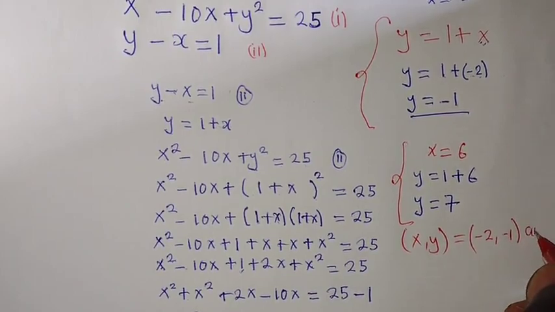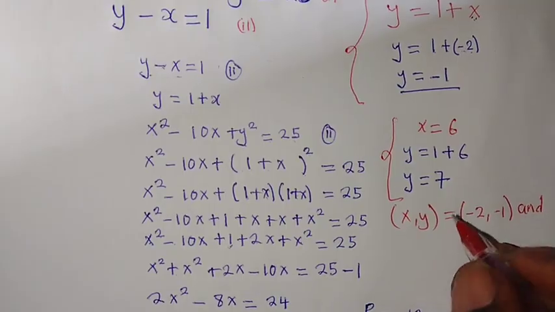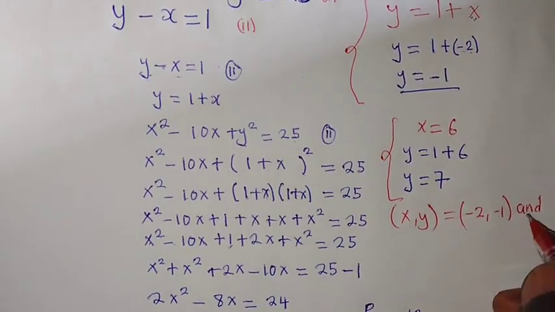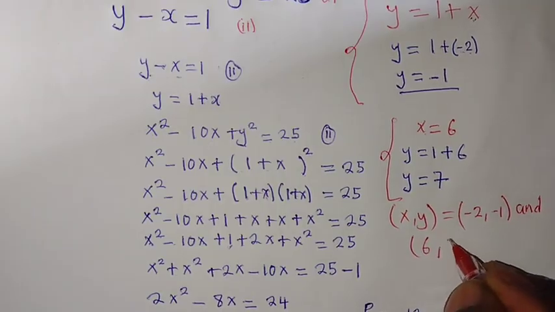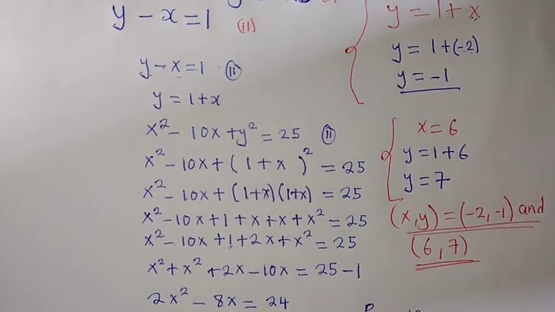Then for the second one, for x equal to 6, it gave us y is equal to 7. So we say and 6 comma 7. So these were the required values of x and y.